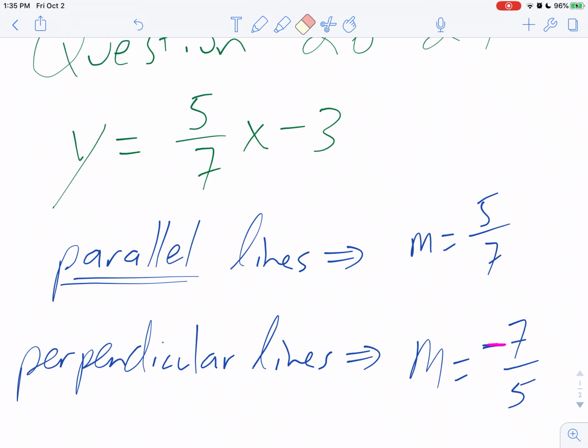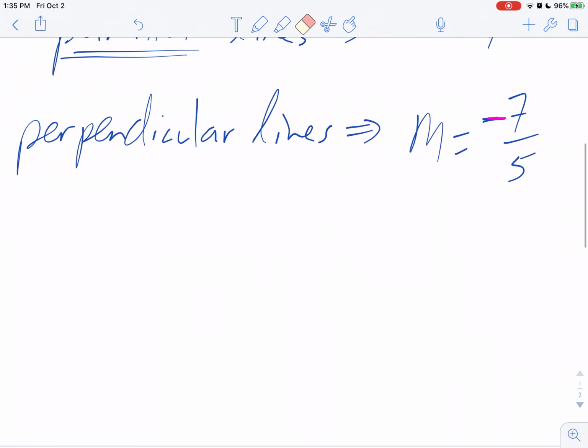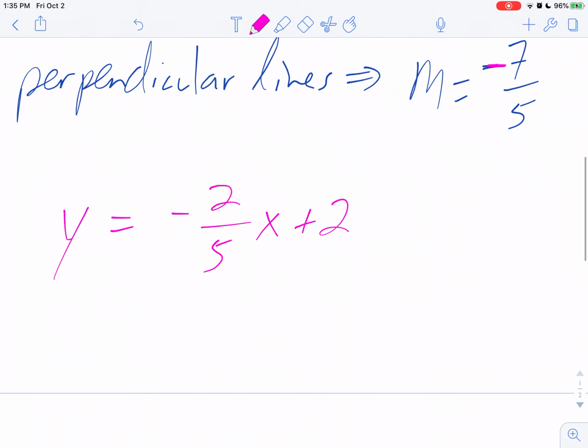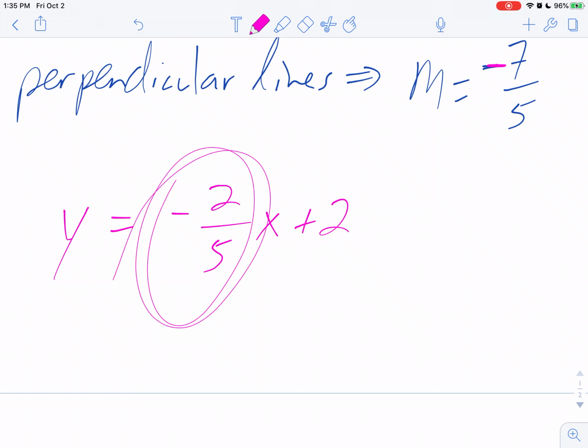So if you've got an assignment problem where the slope is, let's say, negative 2/5, for example, something that's parallel to that would have the same exact slope, negative 2/5.